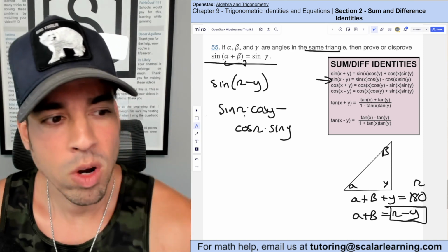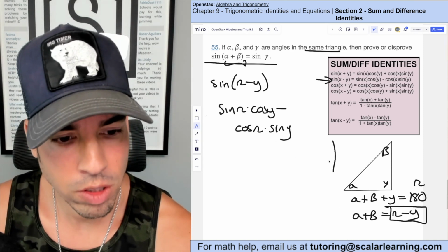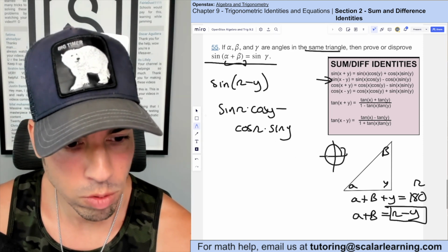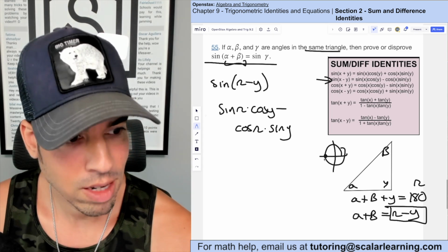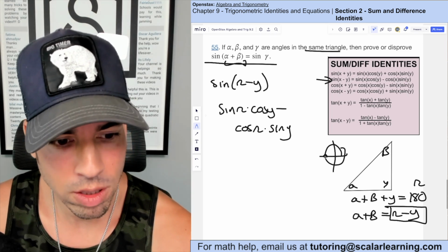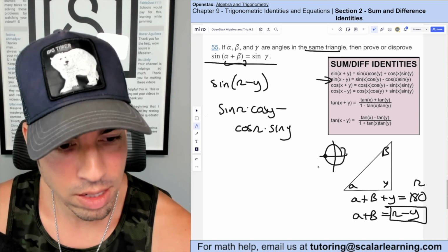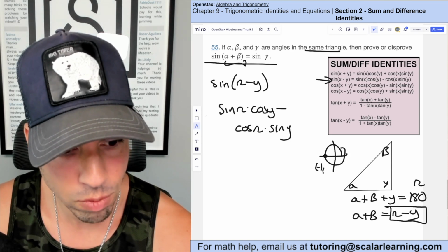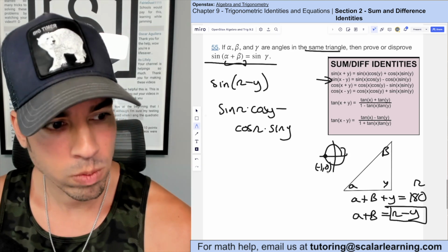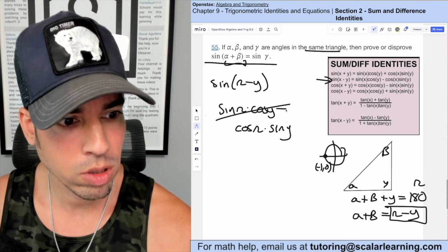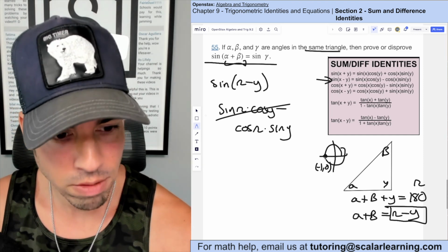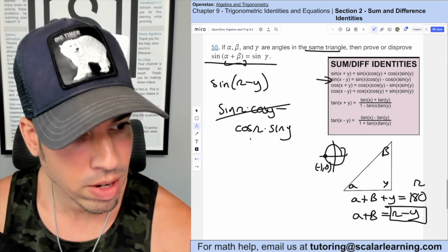Okay. So what is sine of pi? I don't have the unit circle up here, but if you remember the unit circle, pi is right here. And sine relates to the y value. Well, this is right here on the x-axis, and so it is -1, 0. That's the point. So sine of pi is therefore 0. So this whole thing goes away. What is cosine of pi? Cosine of pi is the corresponding x value, which is -1.